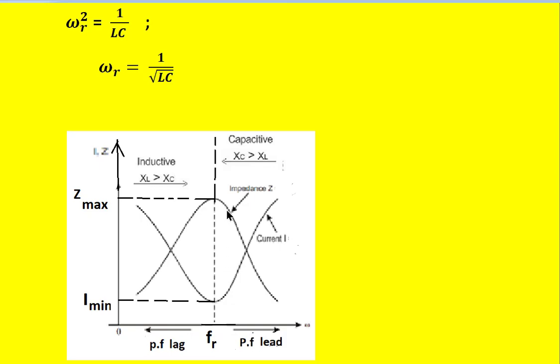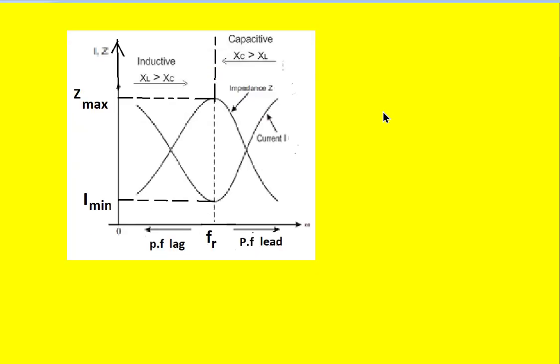At maximum impedance, resonance is occurring, and the current that flows in the circuit will become minimum due to the higher impedance at resonance frequency, whereas in other regions, the current is higher.